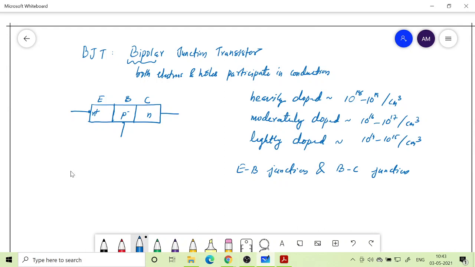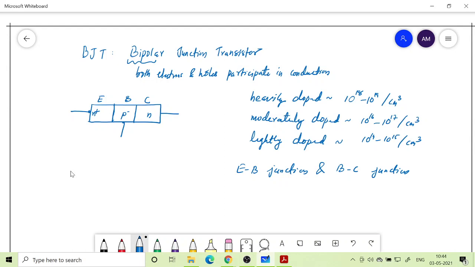In order to look at the operation of the device, we will not go into the full details because you had already taken a dedicated course on devices which involves a lot of derivations. But here we will just quickly go through some of the important parts. There could be two kinds of BJTs.